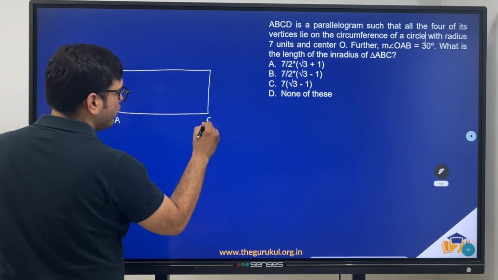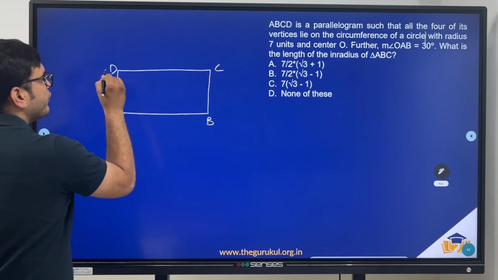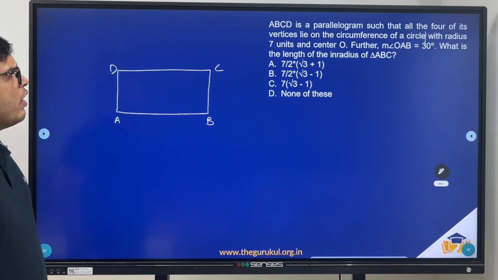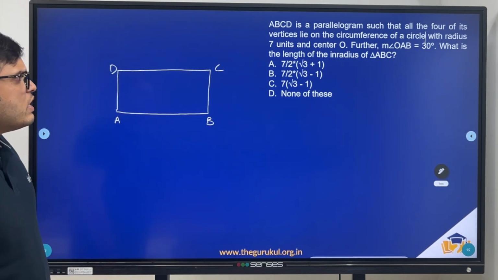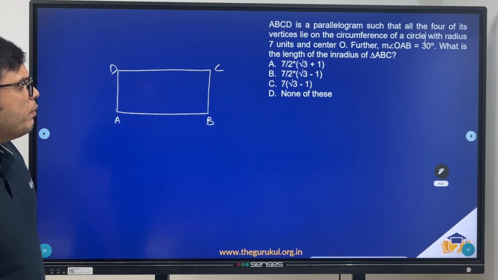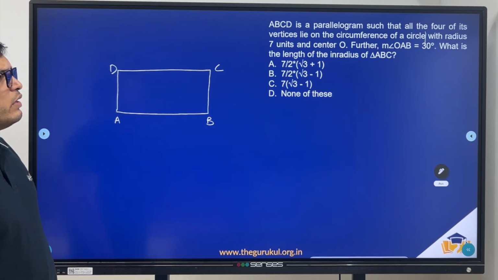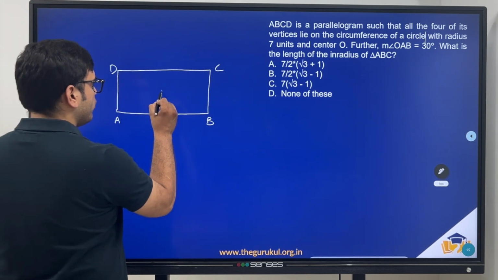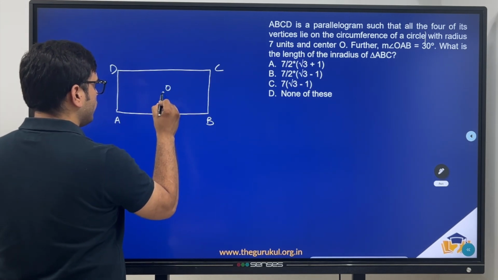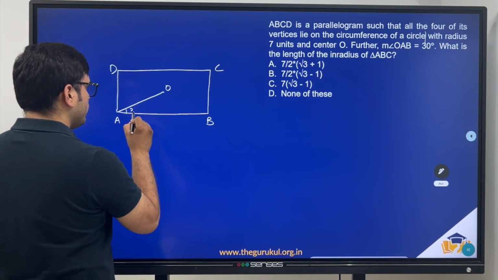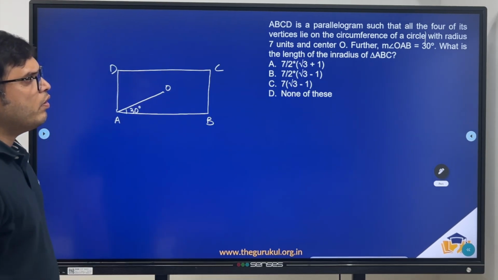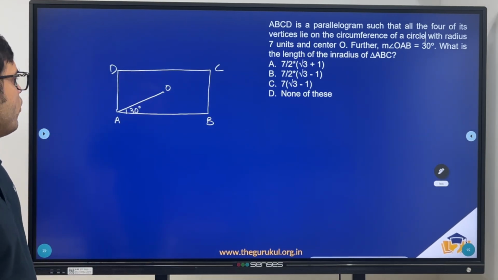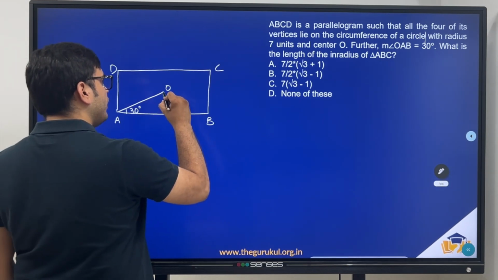So indirectly, we are given that ABCD is a rectangle with radius 7 units and center O. Further, the measure of angle OAB is equal to 30 degrees. What is the length of the inradius of triangle ABC?